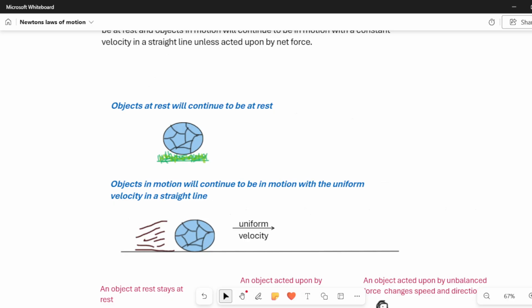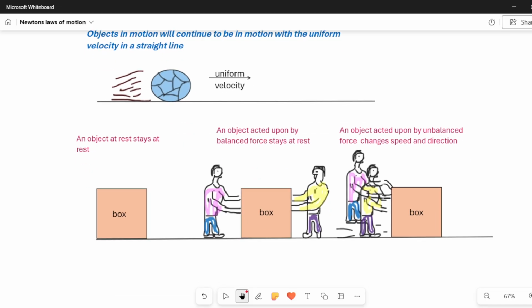Let us see one more example for Newton's first law of motion. We have a box. This box is at rest. Do you know why the object is staying at rest? Any guesses? Yes, it's because of inertia, the resistance to change. The object continues to be at rest. Now both of these people are pushing the box from either side, in opposite directions, with equal force.